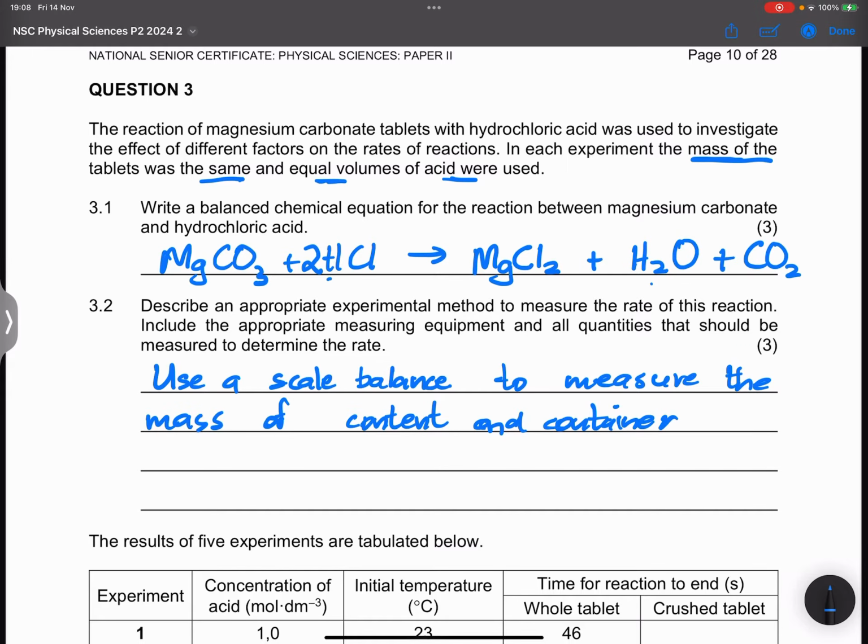So what you would notice is that as the reaction continues, the mass of the container and its contents will keep decreasing because of that magnesium carbonate being used to form carbon dioxide. That's one of the ways.